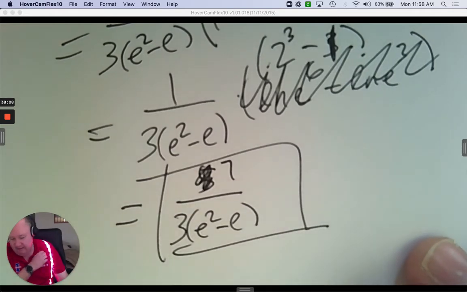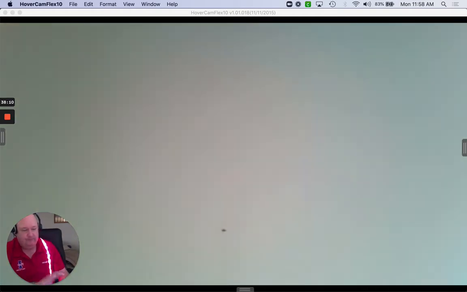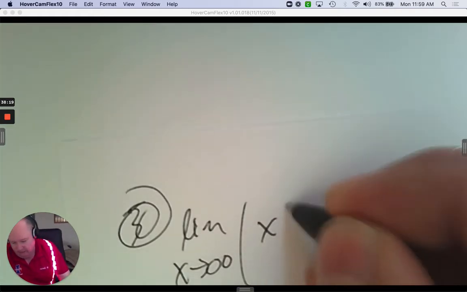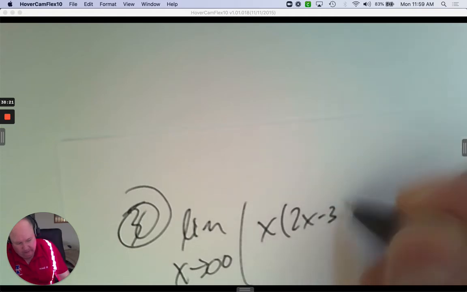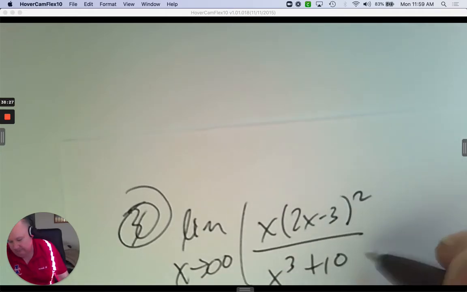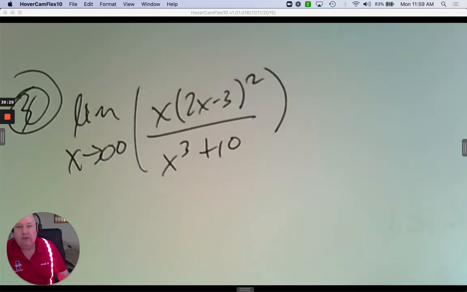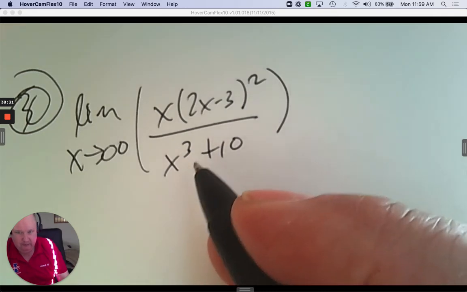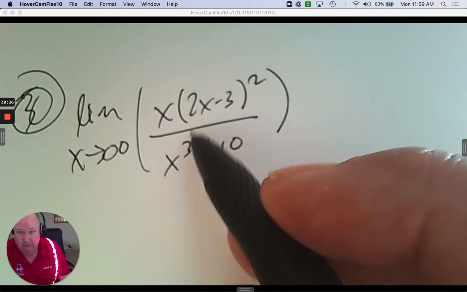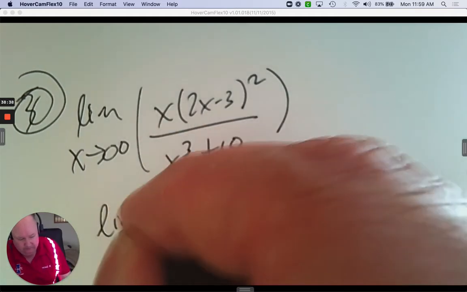I get it. All right, number 30. We're almost there. In number 30, the limit as x approaches infinity of x times 2x subtract 3 squared all over x cubed plus 10. What this is asking for is the right end behavior, which is another way of saying what's the power term.